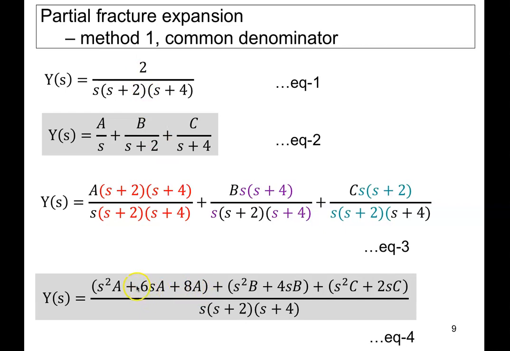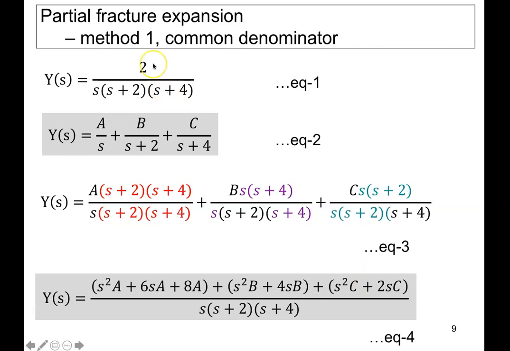We have 6as, this term here. We have 4sb, we have 2sc. But the coefficient of s in equation 1 is 0. So add this term, add this term, add this term. 6sa plus 4sb plus 2sc, without the s, should equal 0.